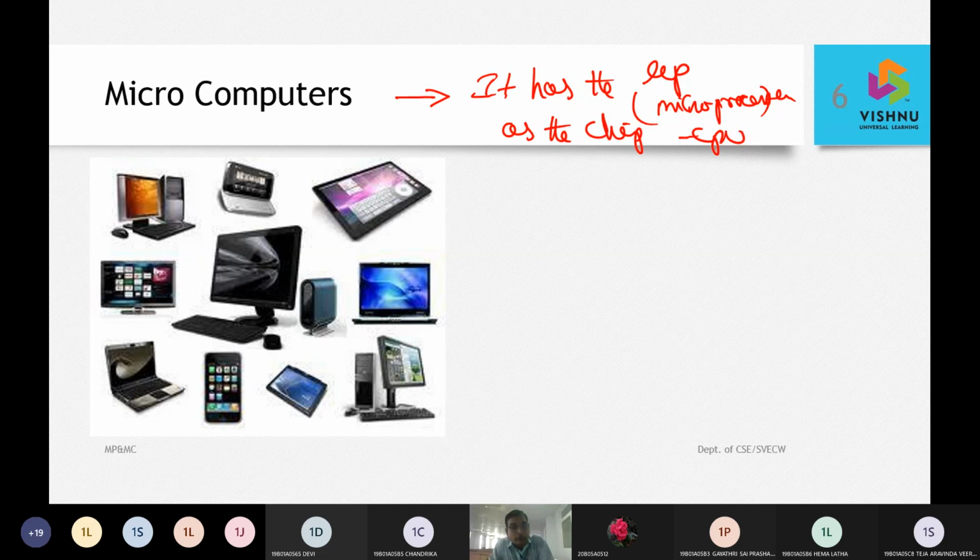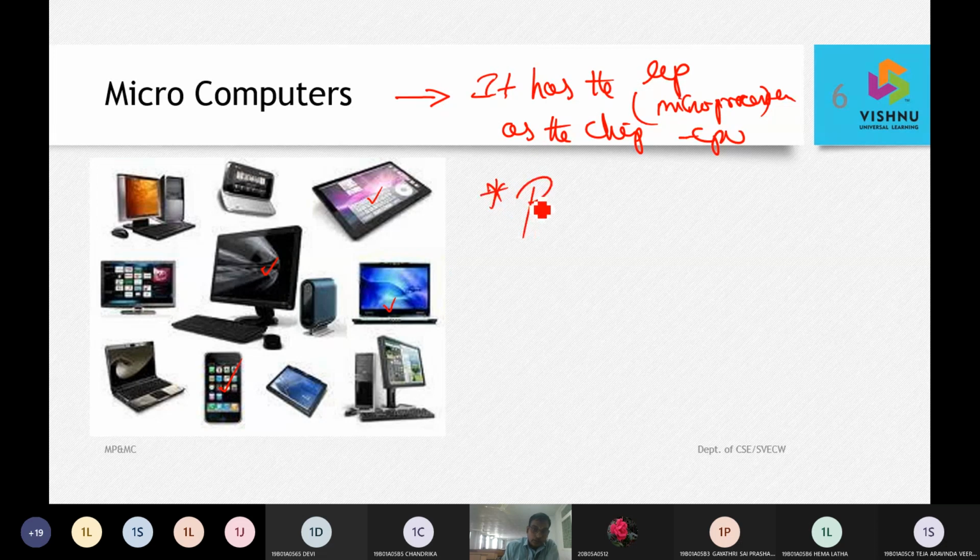So the microcomputers have the central processing unit as a chip. Some of the appliances are the desktop computer, the laptop computer, the tabs, the mobile phones. There are a vast number of applications which use microcomputers.